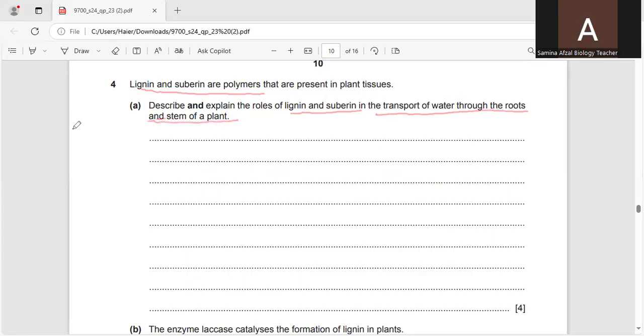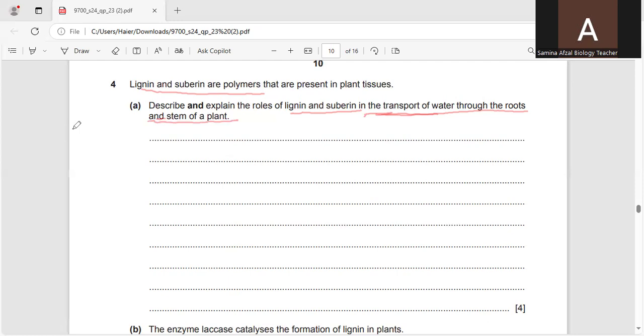So we have to discuss the structure of lignin and suberin, by which they play a role in the transport of water through the roots and stem of a plant. These are two very important polymers, which play a crucial role in the efficient transport of water through plant roots and stems.